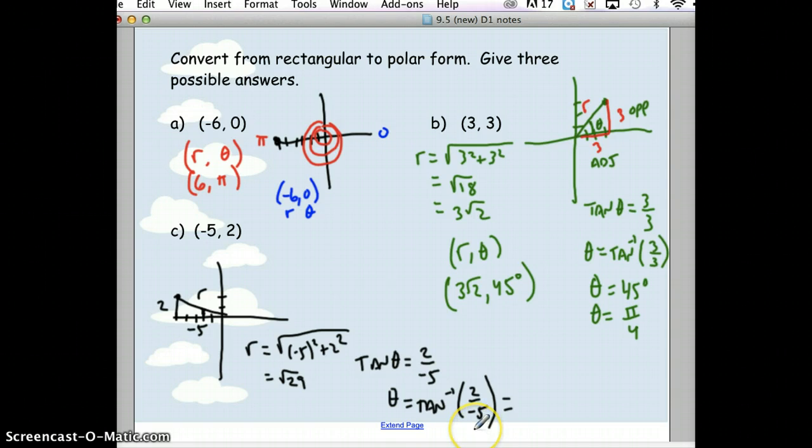Now when I do that, it's giving me this angle right here, but what I really want is that angle. So remember, I'm going to take whatever I get here and subtract it from 180, and that will be the angle I'll use. So my polar coordinates would be r, which is square root of 29, and then whatever angle I got will go there.